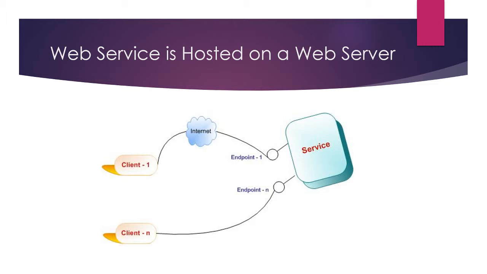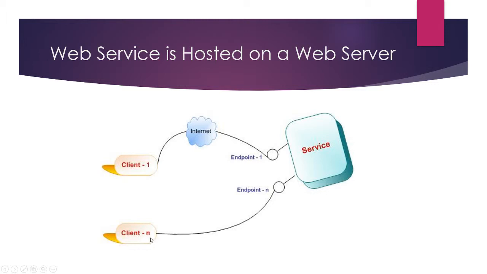Now, those web services hosted on this server, I keep saying that, but I want you to really be thinking about it: I just have one server, maybe an Amazon web server somewhere, that is hosting this service, and no matter where my clients are, they're connecting. So client 1 might connect via the internet to a specific endpoint, a given method that's available from this service, endpoint 1.